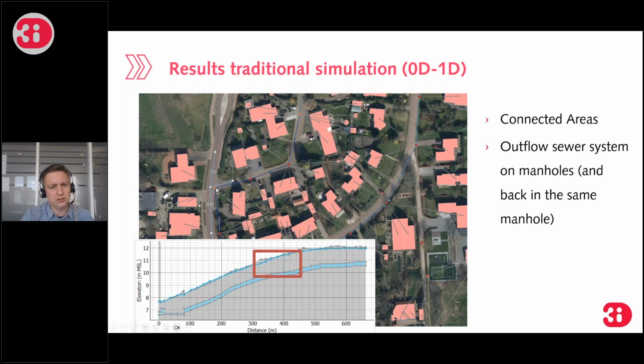You can also see here in the red is where the water is going above the drain level, above the exchange level of the manhole. But the point is that the water is going up from the manhole and being stored there until there is space in the sewer system, then it's going down in the manhole. There's no interaction on the streets itself in these kinds of simulations.